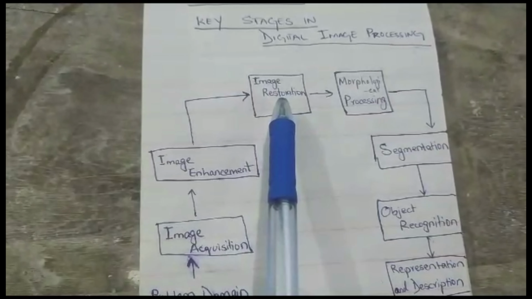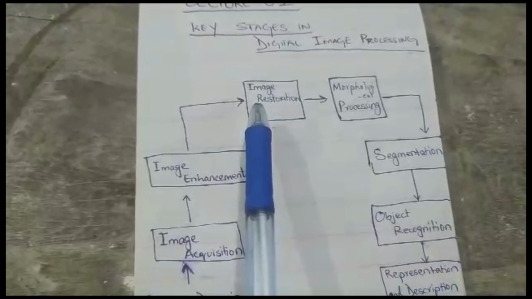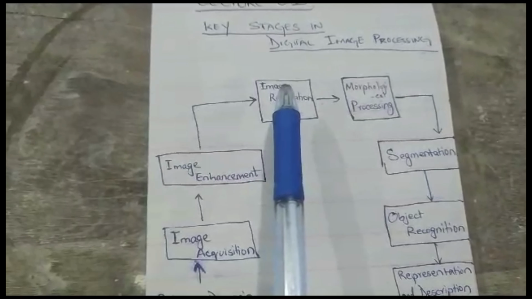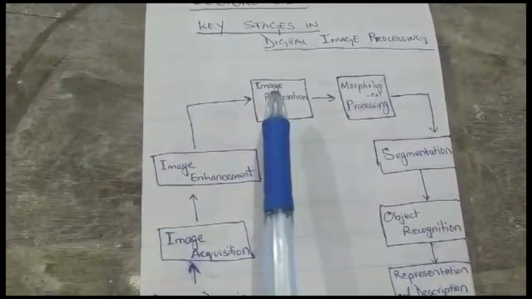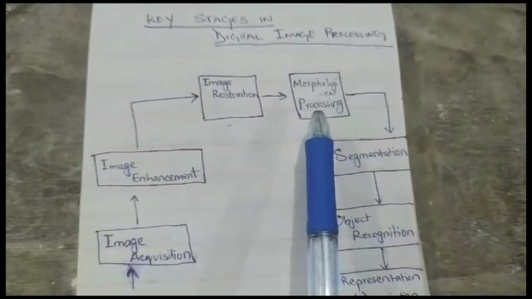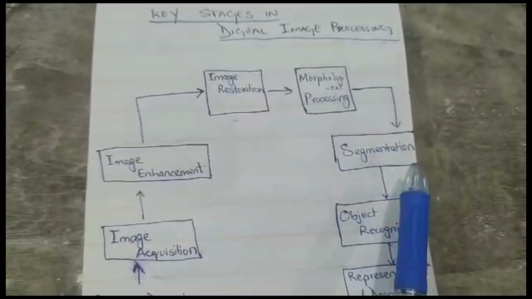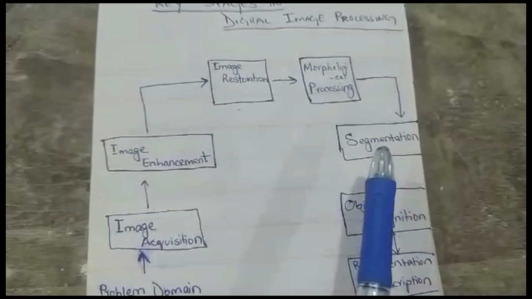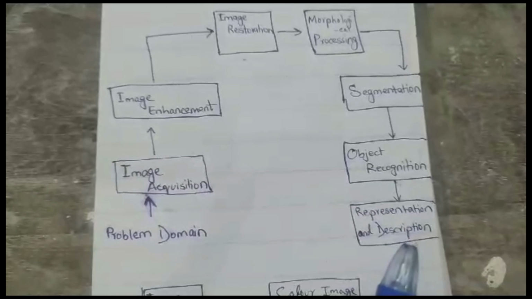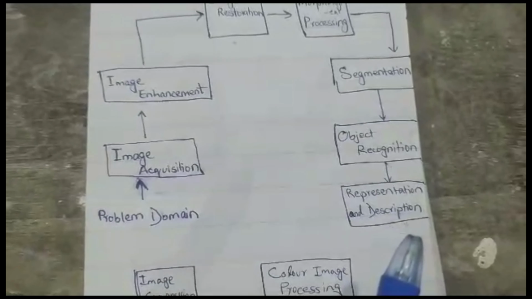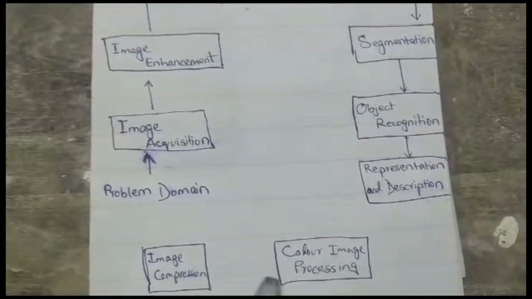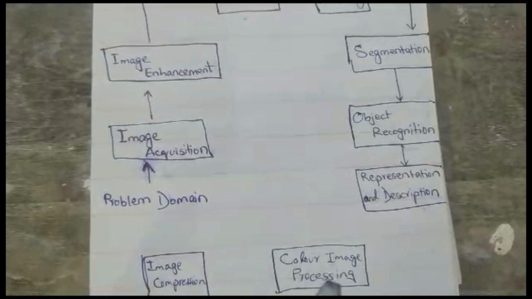In this block, if your image is damaged, you will restore it. Then morphological processing, and then segmentation and object recognition, representation and description, and furthermore image compression and color image processing.